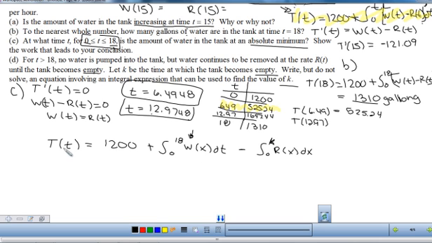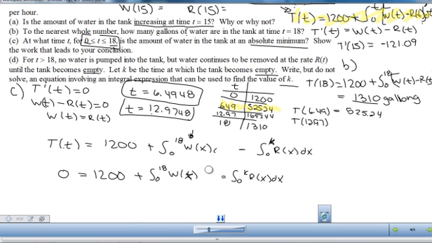We want the amount in the tank to be 0. It says to just write the equation, but I don't have to evaluate it. We'll change that so the variables can be the same.